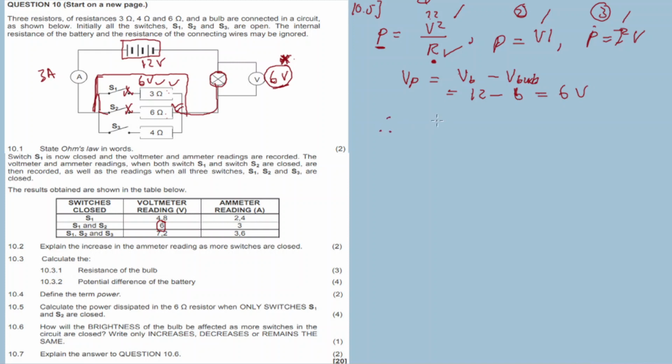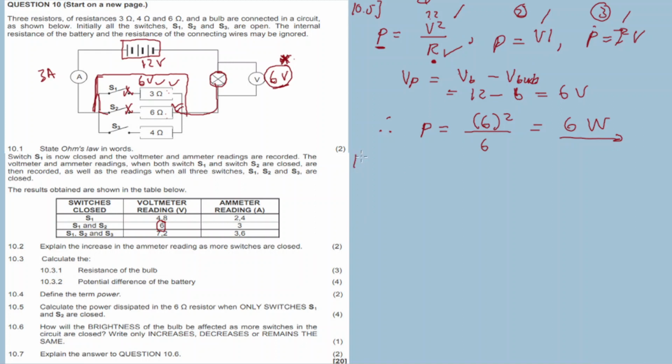So therefore I can calculate the power again with P equals V squared over R. Make sure you write down the formula, then substitute afterwards. The answer is equal to 6 watts, because this is also a mark.